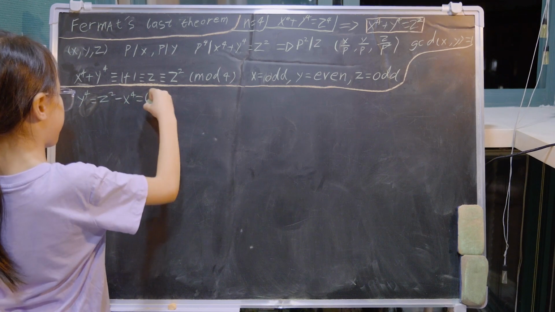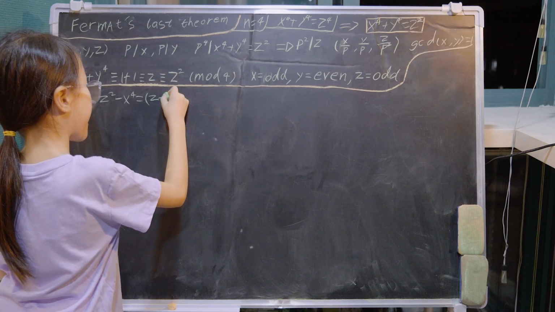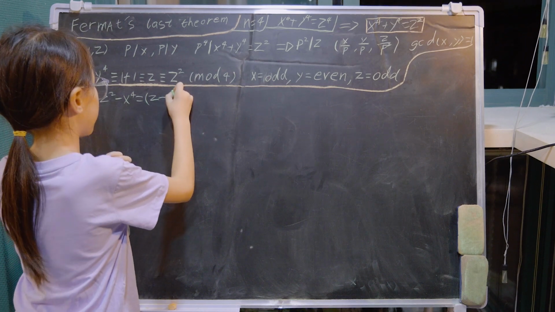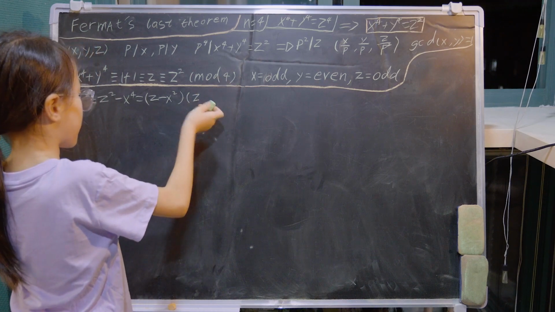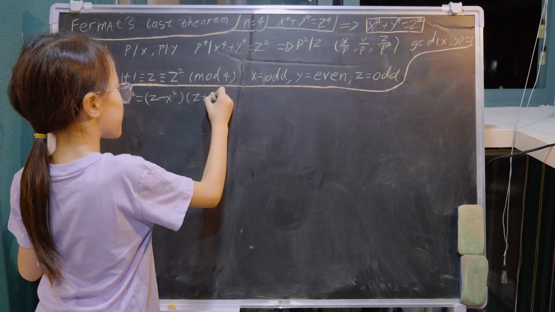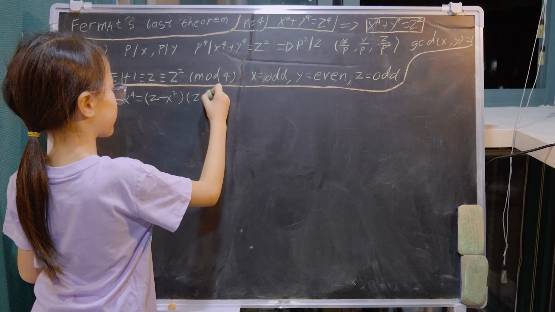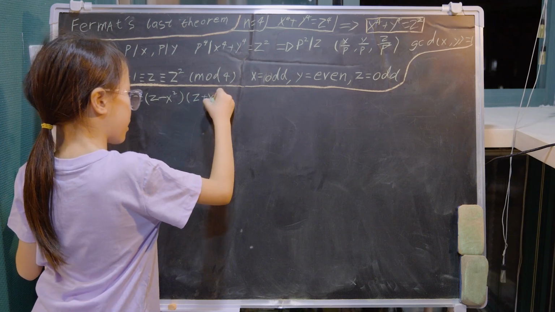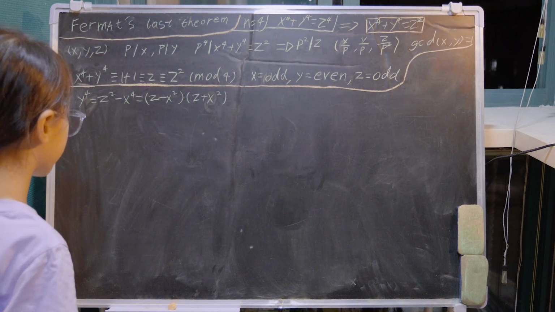So that is equal to the bracket z minus x squared, times the bracket z plus x squared. So we have it.